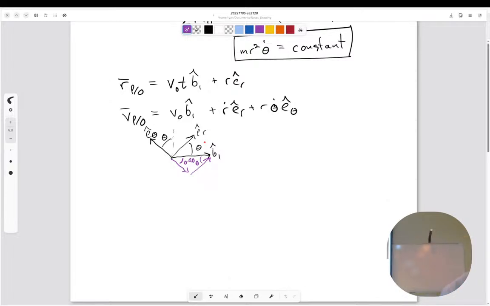I think so. So this is cosine theta. This is sine theta. So B1 is cosine theta ER minus sine theta E theta. So now I can at least get everything into one coordinate system and then do the cross product that way.